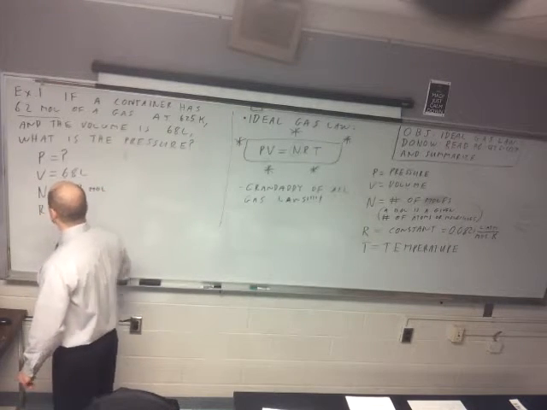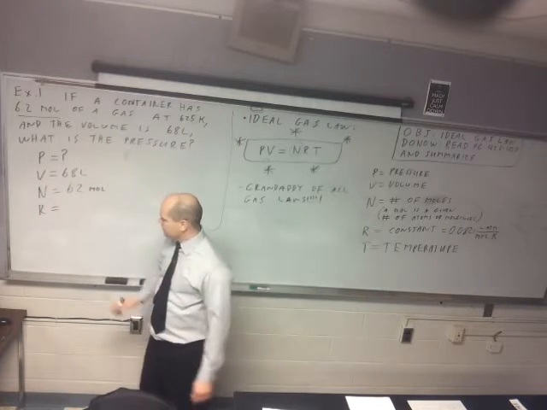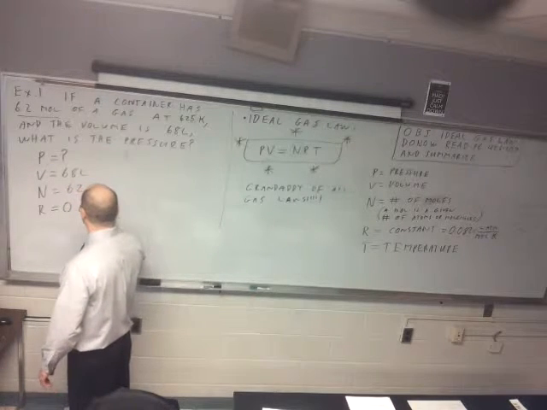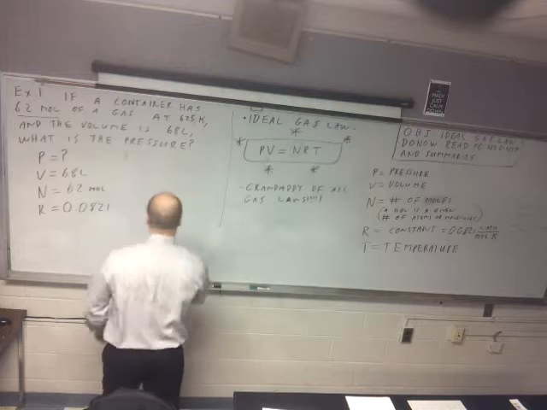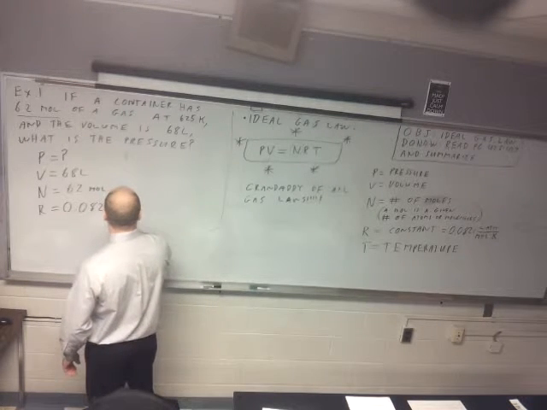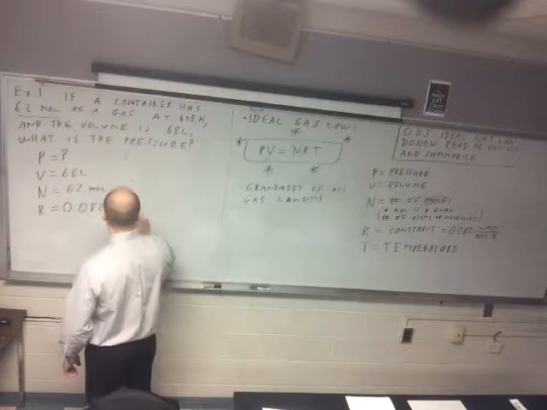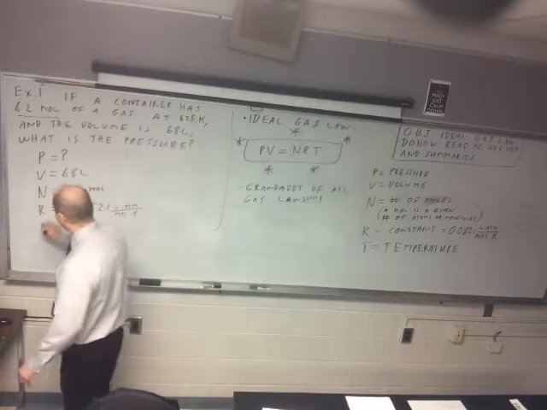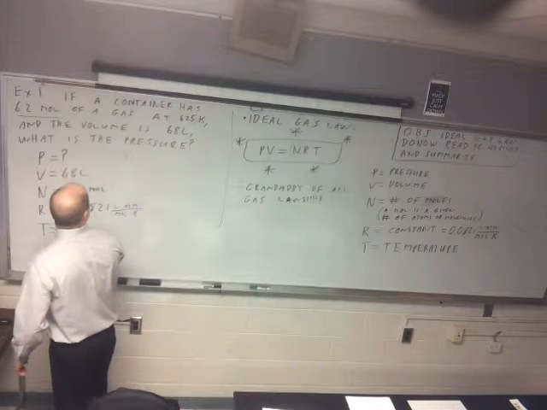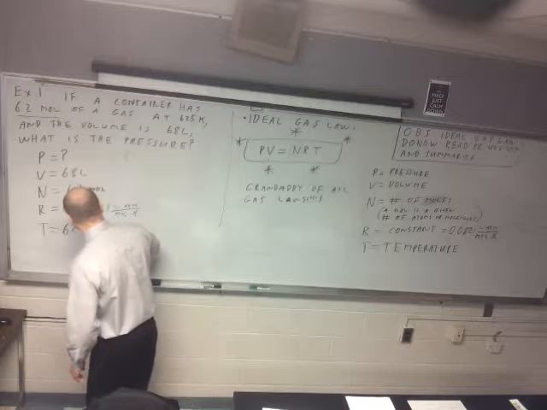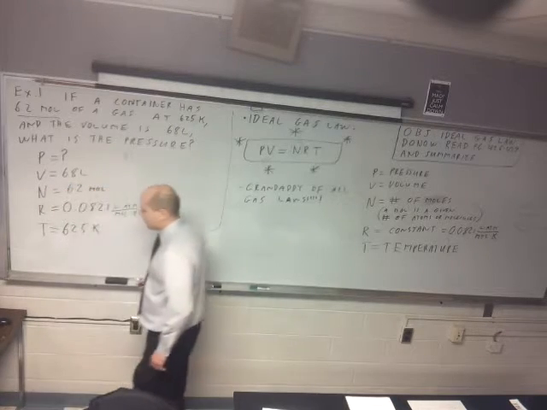R? 0.082. Exactly. I didn't give it to you, right? But this is a constant, so it's always going to be this number, unless we use different units. Liters times atmospheres over moles times Kelvin. And then temperature? 625, right?